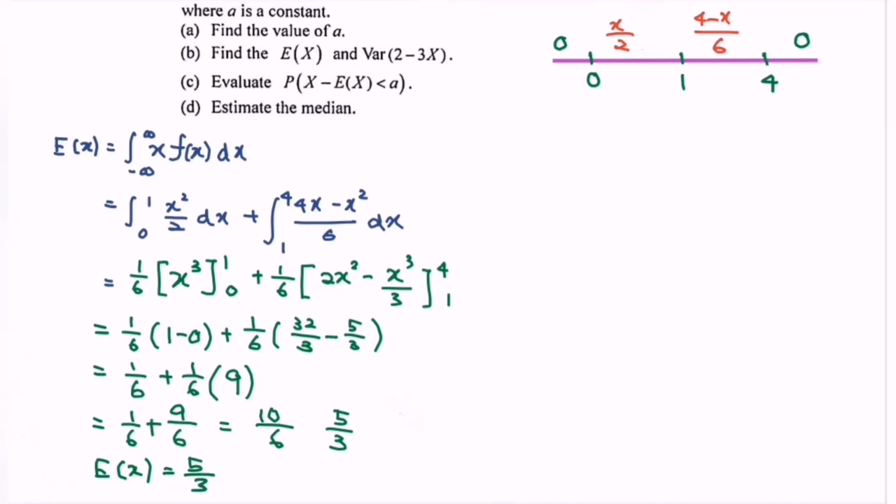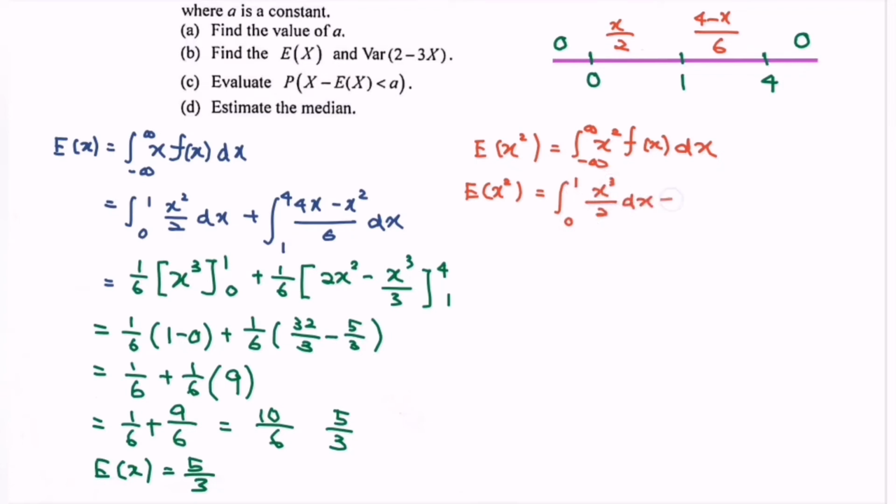Continue. Next is to find E(X squared), which is equal to the integral of x squared multiplied with f(x) with respect to x, negative infinity until infinity. So continue, E(X squared) is equal to integrate 0 until 1, x to the power of 3 over 2 with respect to x, plus integrate 4x squared minus x to the power of 3 over 6 with respect to x, 1 to 4.